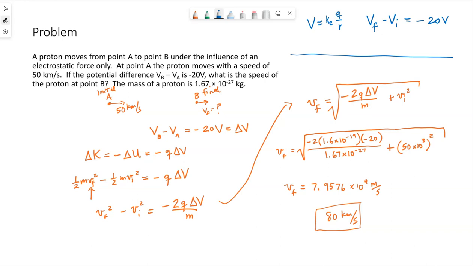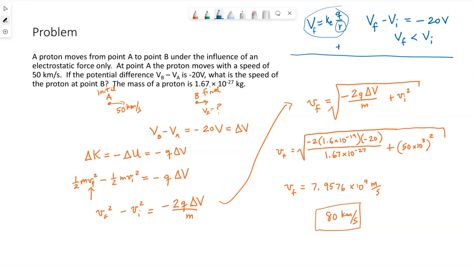That means V final has to be less than V initial. So suppose this potential difference was created by a point charge, just to reason through it. The only way V final could be less than V initial is if r is bigger.